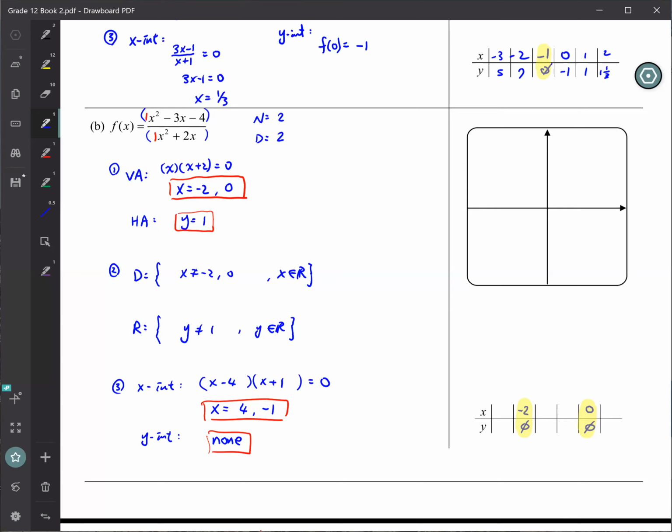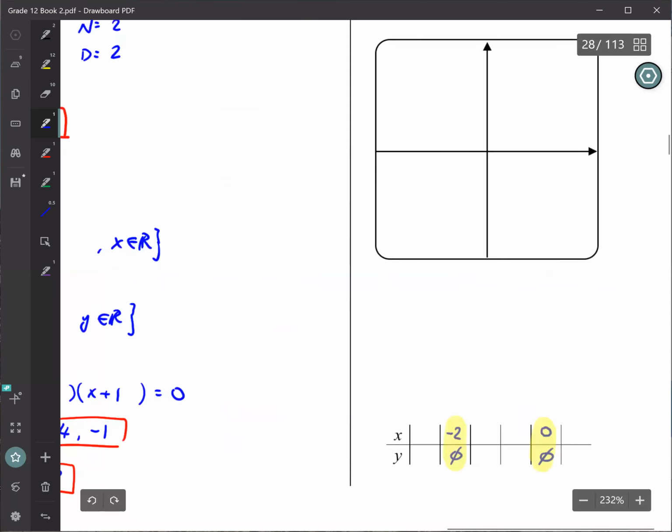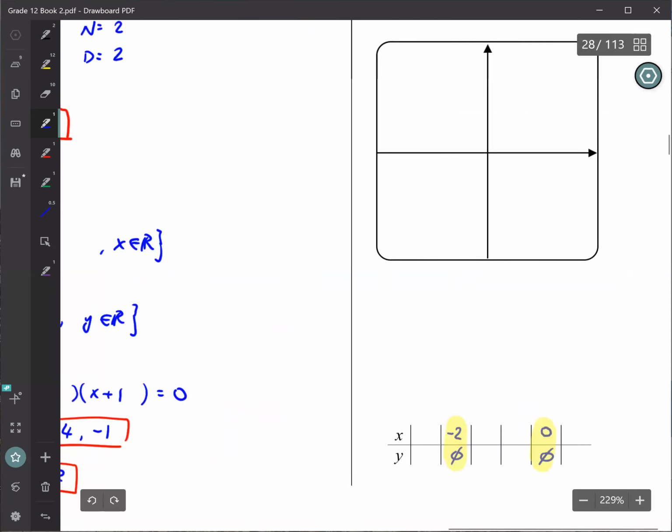Okay, let's check one of the points, okay? Eric, what's your first point that you chose? -3. -3, okay? And what did you get for that, -3? 4 and 2/3. 4 and 2/3, okay.